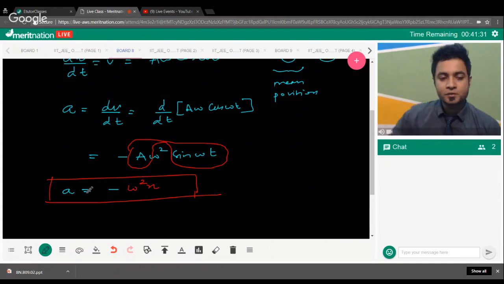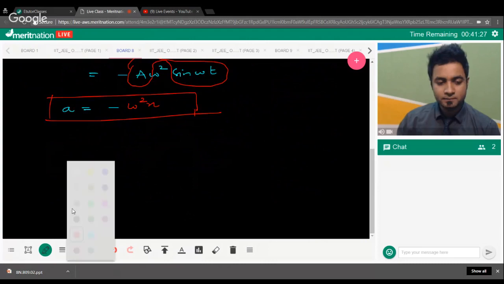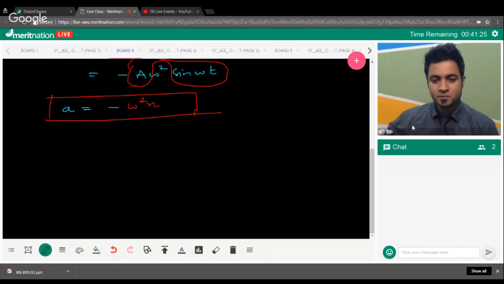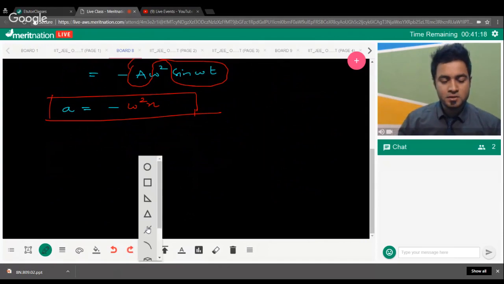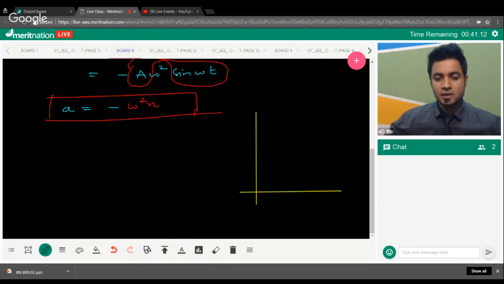So you just need to see the acceleration here. Let me put it in a graph. This is my acceleration and displacement axis.